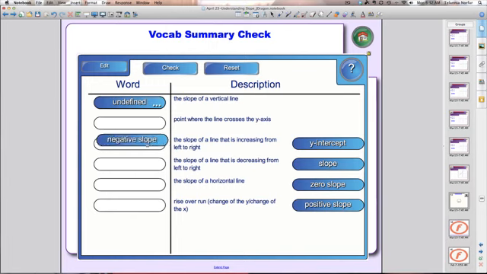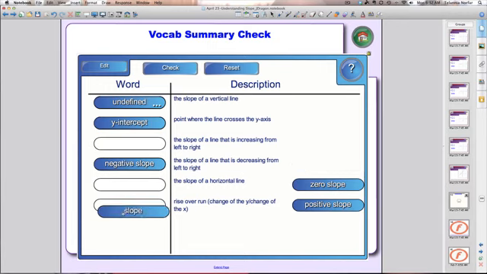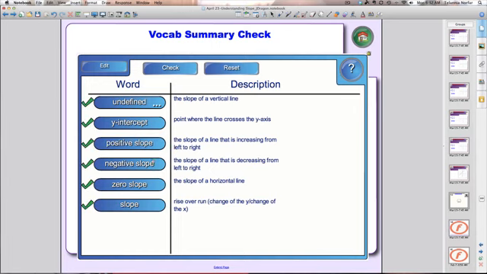Let's see if some of this is what you probably guessed. Good job if you got those answers correctly.